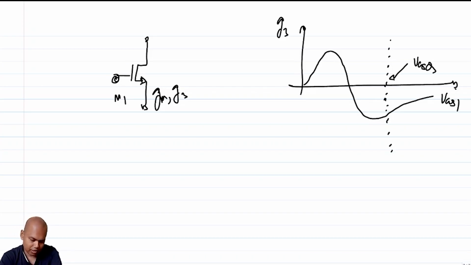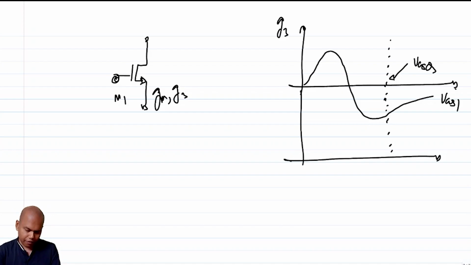So what you can do is have another transistor, which is biased in such a way that its G3 positive value superimposes on top of the negative value of this G3.